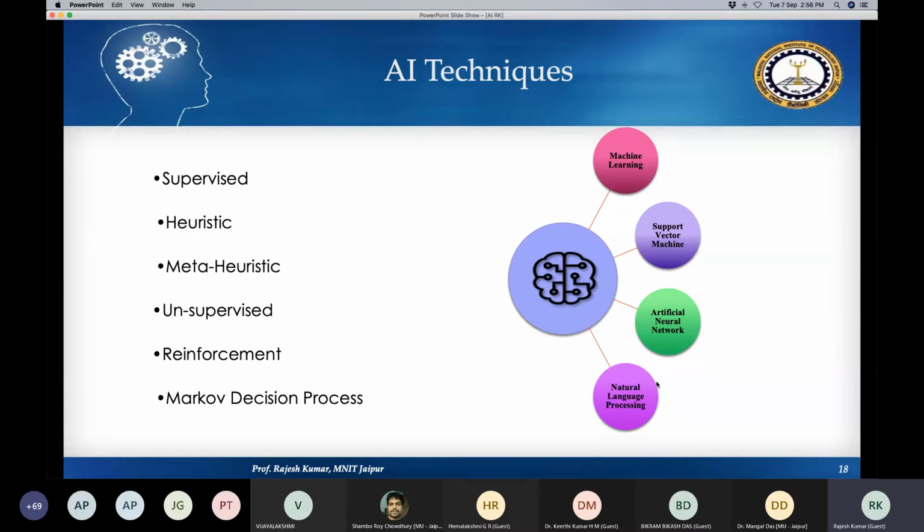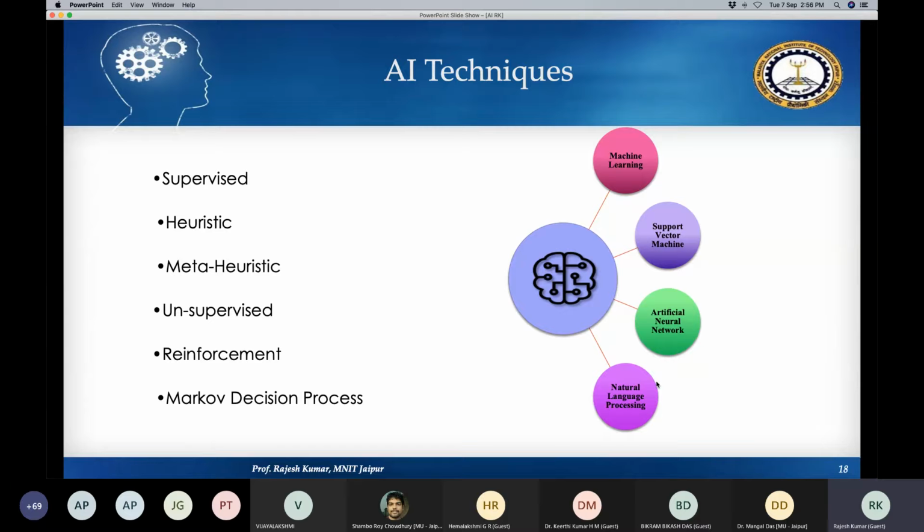When I talk about the algorithms, I know what the output should be if I give this input. So there is a labeling of the data: if this is the input, then this should be the output. We use these labels to remove our error.